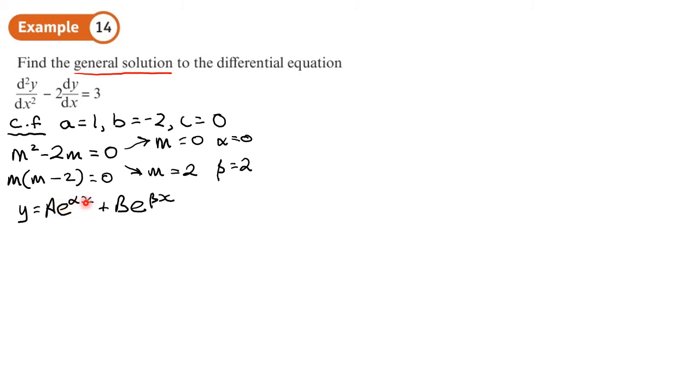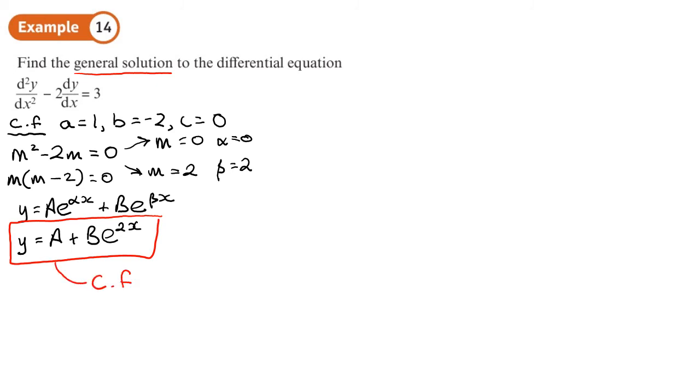So all of this just becomes 1, so we can just write it as a. We don't need to write e to the power 0. So y equals a plus b e to the power 2x. So this is our complementary function. Now we do the particular integral.